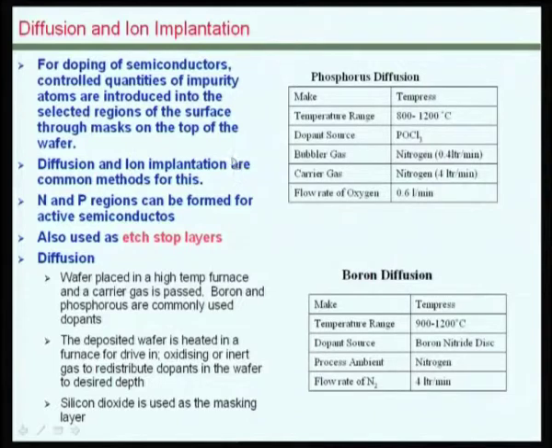Diffusion and ion implantation are two approaches used for this purpose. Such diffused or doped regions are also useful as what are known as etch stop layers. An etch stop layer is a region where the chemical reaction characteristic of the surface is different and usually much lower than the remaining.